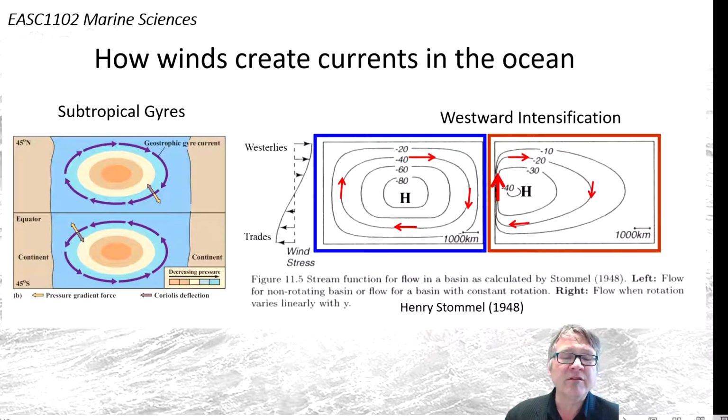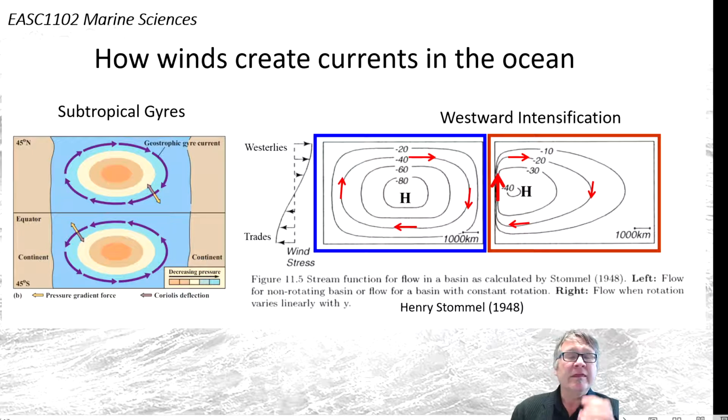It goes back to Henry Stommel from 1948, a paper published at that time. Henry Stommel explains that no matter where you are in the oceans, you have the gyres in different parts, you always get swift currents near the western boundary of an ocean basin.